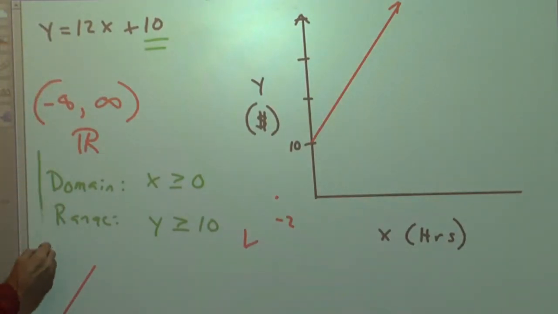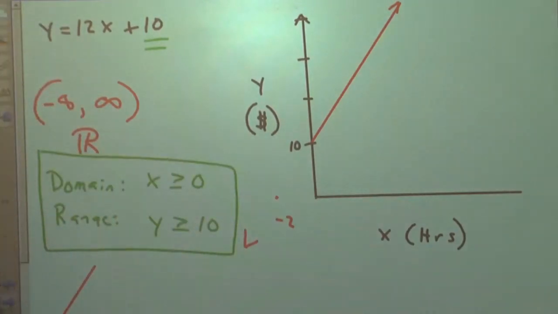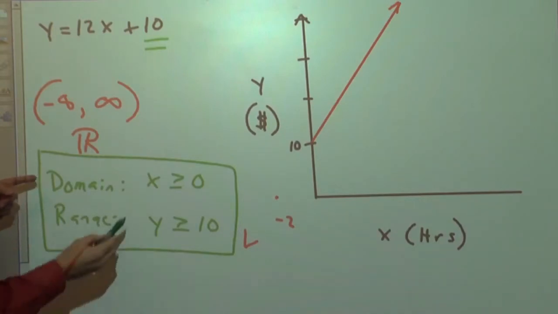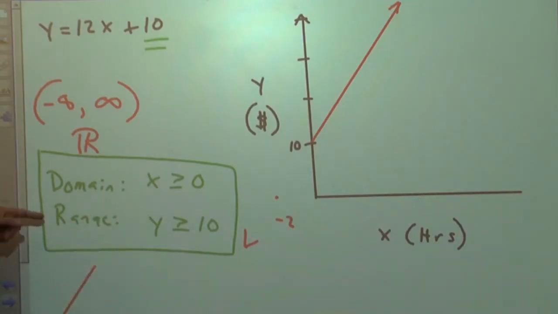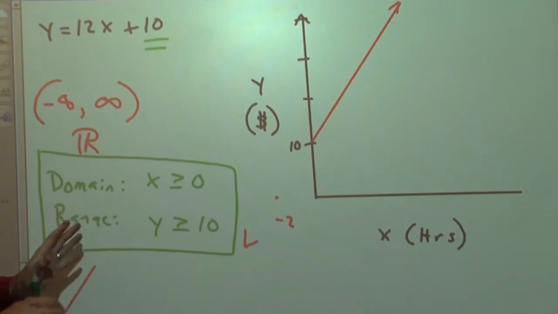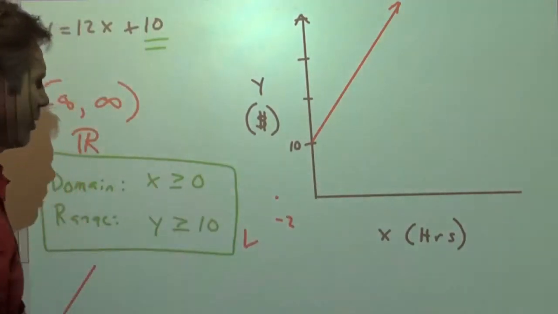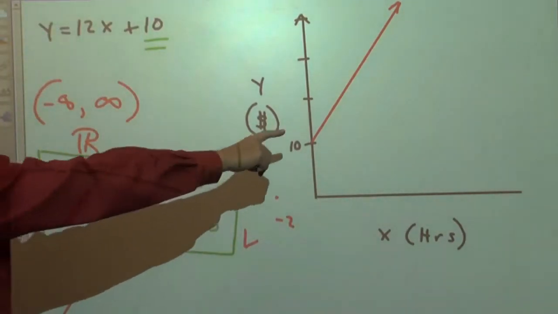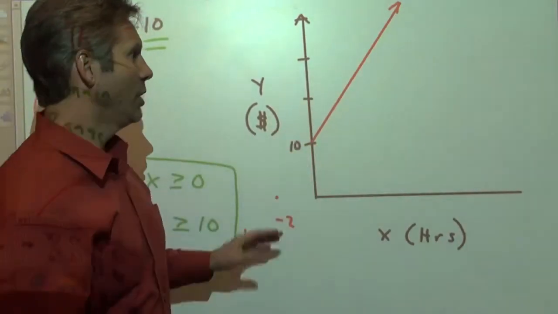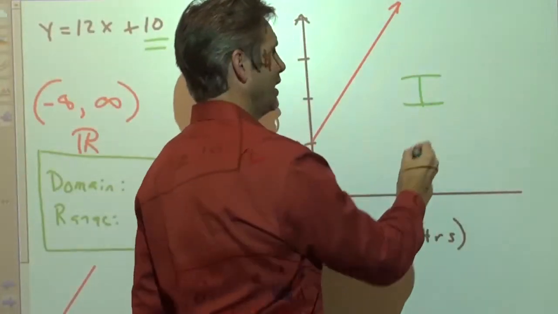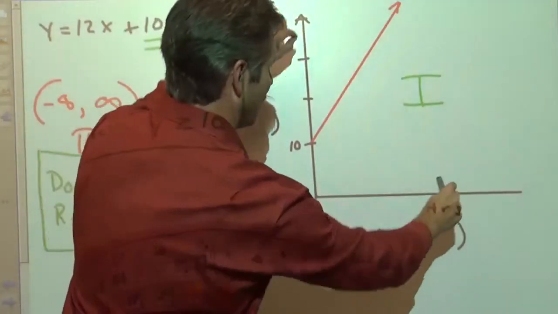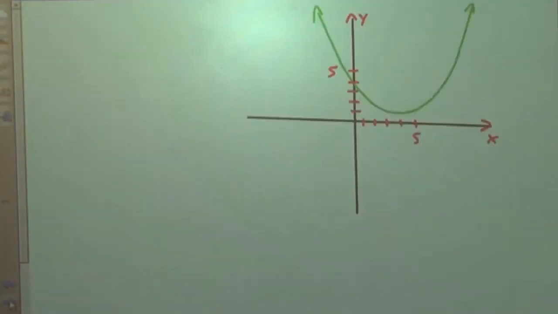Remember, D comes before R in the alphabet, so domain deals with X's, which comes before Y in the alphabet. Range deals with Y's. We've restricted the domain, so therefore we've restricted the Y's. And as is true in many cases in real life, we're restricting everything to the first quadrant.